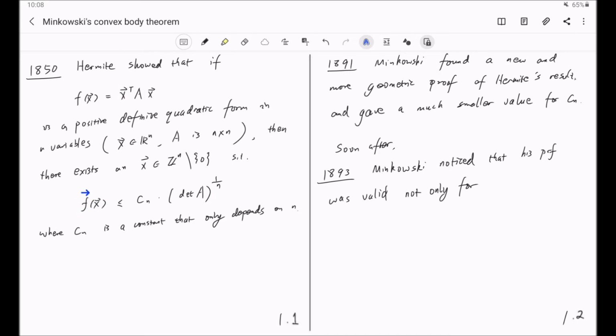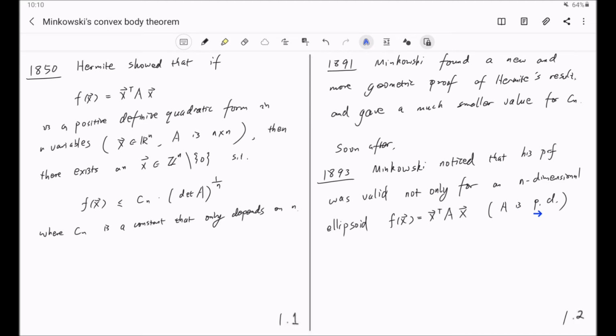those x satisfying this inequality form an ellipsoid in the n-dimensional space. So this f of x, which is written as x transpose times A times x, where A is positive definite.